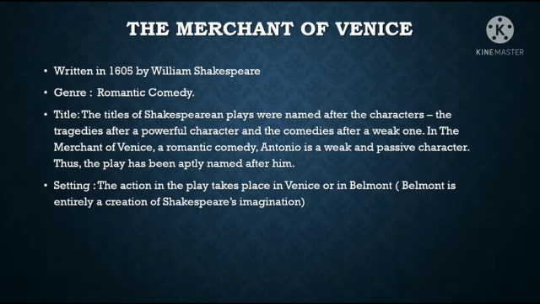And Antonio is a weak and passive character. That's why this play is named after him. See, The Merchant of Venice is a comedy. It is a romantic comedy. That's why it is named after a weak character. Thus the play has been aptly named after him.